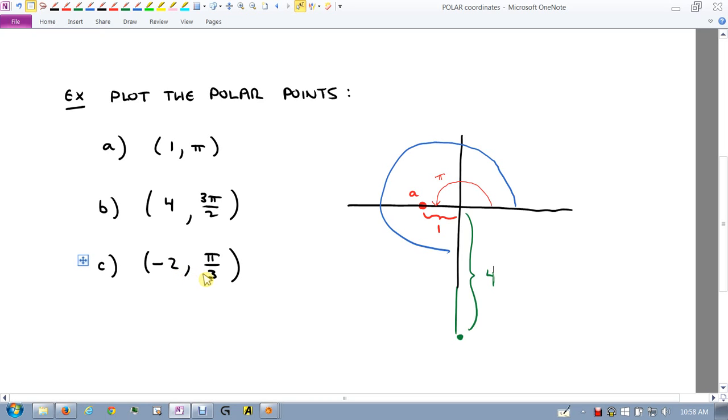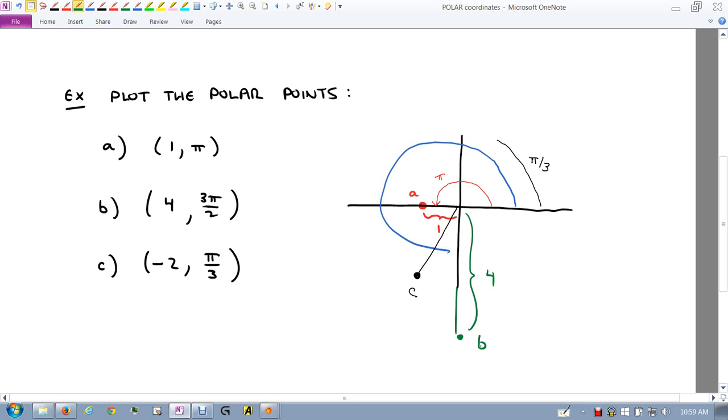So you rotate by pi over 3, which would be somewhere around in here, right? This would be your angle, pi over 3. But instead of walking out into that first quadrant, you're actually going to walk backwards and go out 2. So that would put you out somewhere around here. That would be C. B would be here. Okay? Make sense? We good?